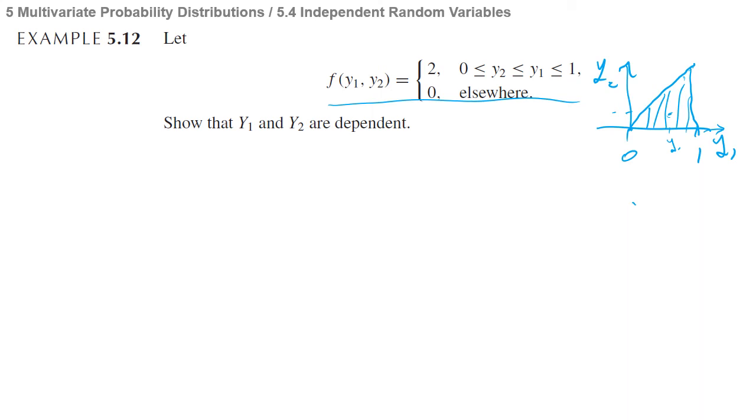Let's calculate one by one. What is f1(y1)? We integrate with respect to y2, which is from 0 to y1, of 2 dy2.